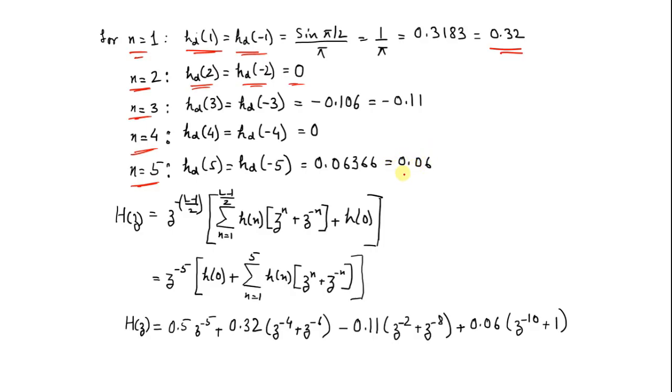Now if you see the n value, it is moving in the range of minus n to plus n. That is again a disadvantage. Why? Because during realization, consider the case of hd of minus 1, so we will be having 0.32 multiplied by z to the power minus of minus 1, that is z, right?